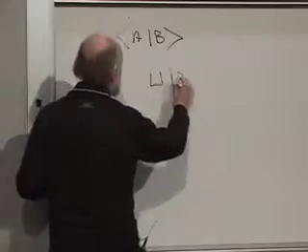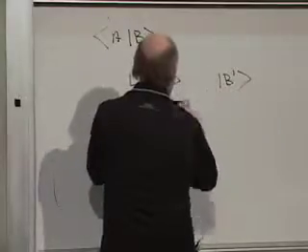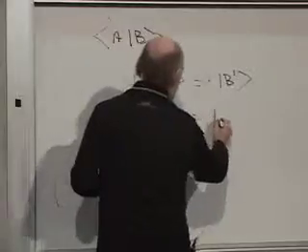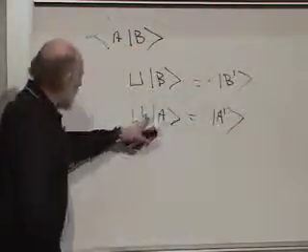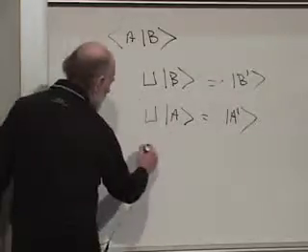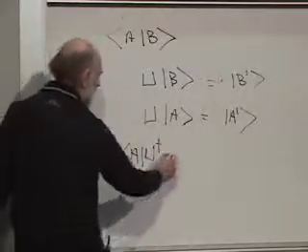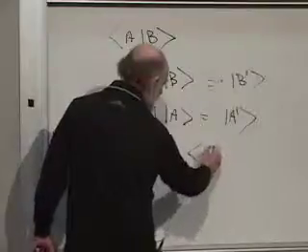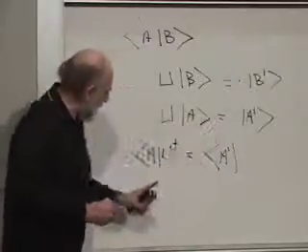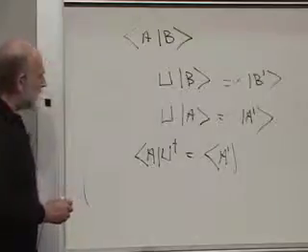Supposing U takes B to B prime, and supposing U takes A to A prime, then it follows that <A|U dagger is equal to bra vector <A prime|. That's the definition of the Hermitian conjugate. If U on A equals A prime, then U dagger on bra vector A equals bra vector A prime.